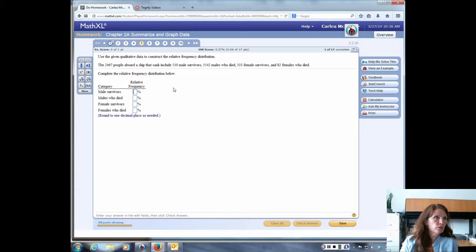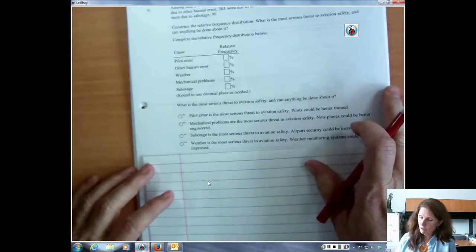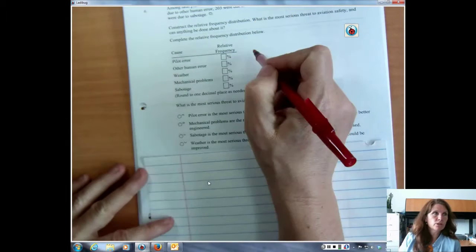Complete the relative frequency below. So I'm not going to go through a ton of this, but we'll go through a little bit of it, just to make sure, because one of the things they say about people that don't do well in statistics is they're bad with decimals, fractions, and percents, because that comes up a lot. So I just want to make sure that you know how to do that, and if you're weak on that, you should email me and get a video you can watch on percents or something.